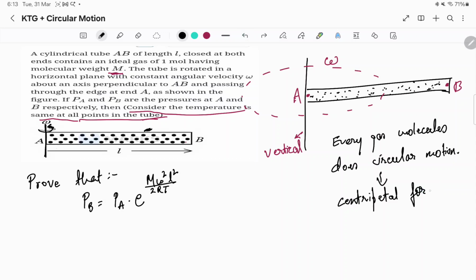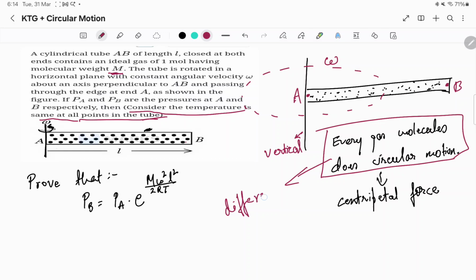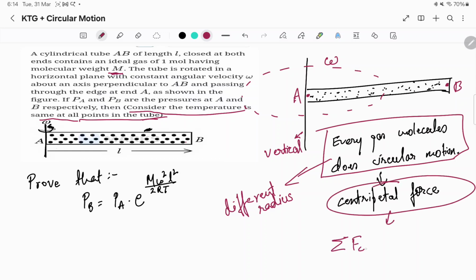The second important thing is that every gas molecule does circular motion with a different radius. So the radius is different for every particle. If we apply the centripetal force equation, we will write that the sum of all the forces toward the center should equal m omega square r.